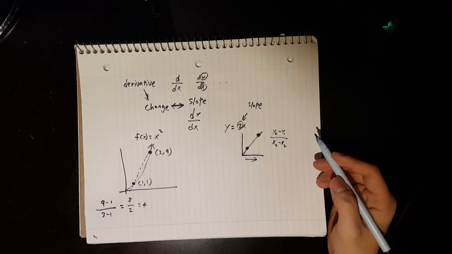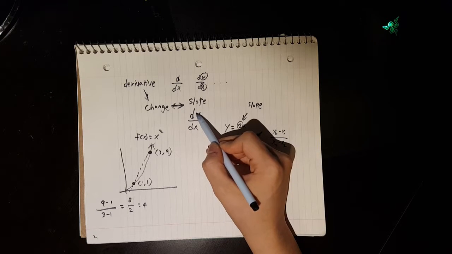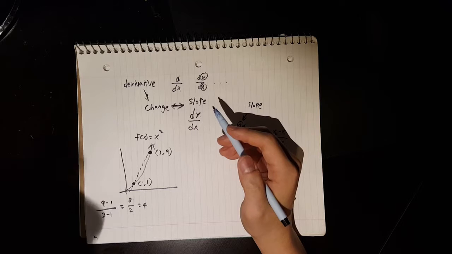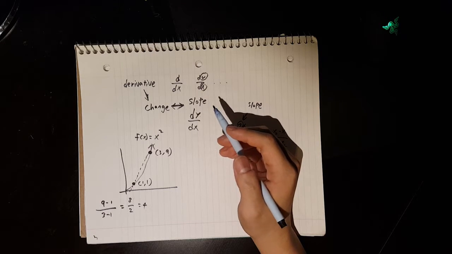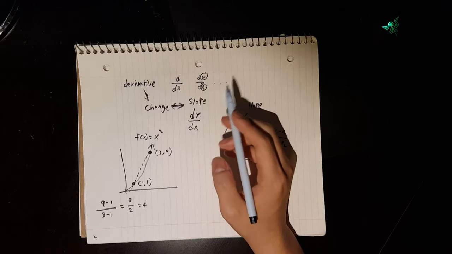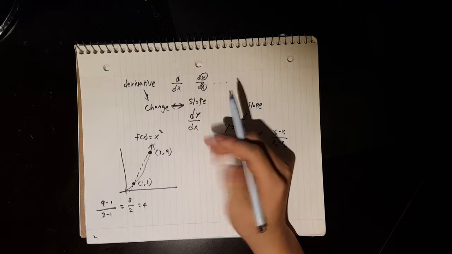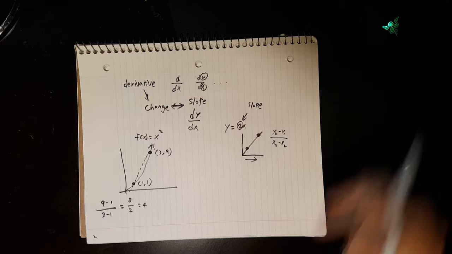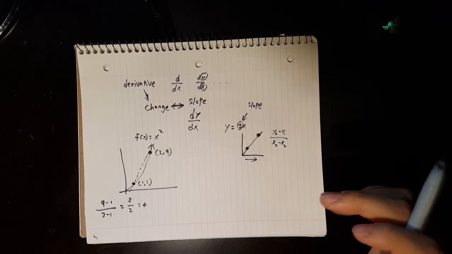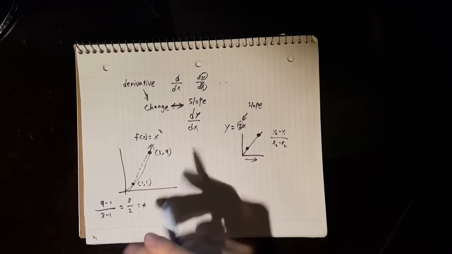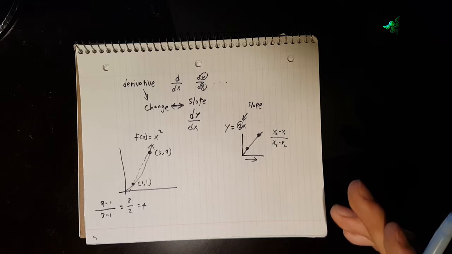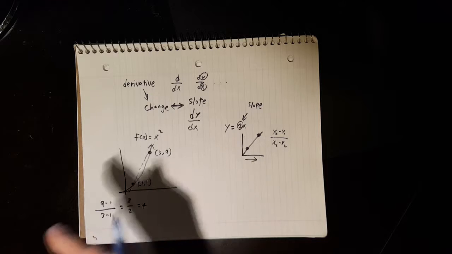Now, in physics, this dy/dx is also known as the instantaneous rate of change. What does instantaneous mean? Instantaneous just means happening at that moment. If you imagine a car driving and you hit the gas pedal and it starts accelerating, it's not going to go at a constant speed.